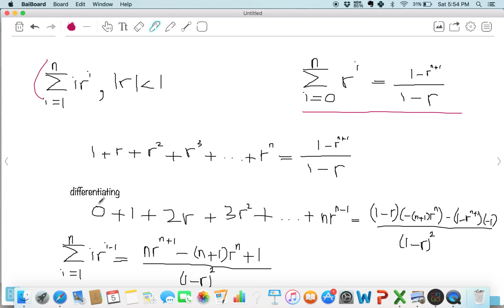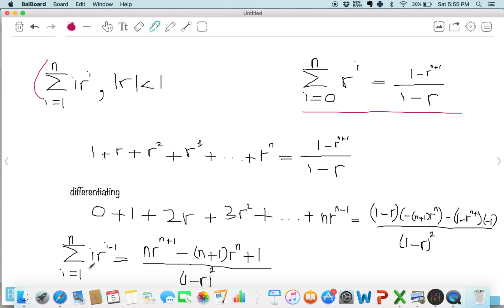We differentiate term by term here, and we differentiate this here. This differentiation looks a little bit long, but it's a simple application of the quotient rule: we square the denominator, then take the denominator times the differential of the numerator, subtract the numerator times the differential of the denominator, and if you simplify it, you will end up with something like this.